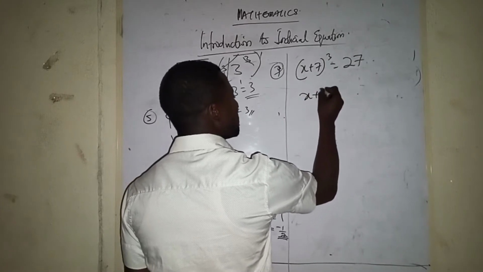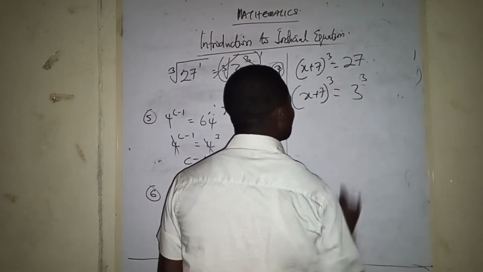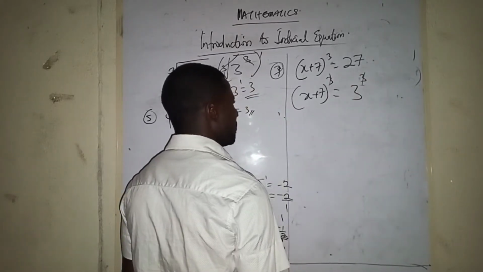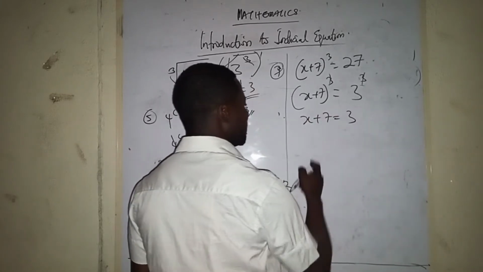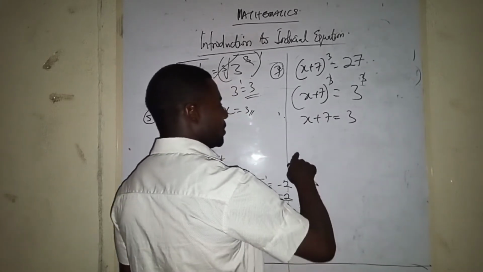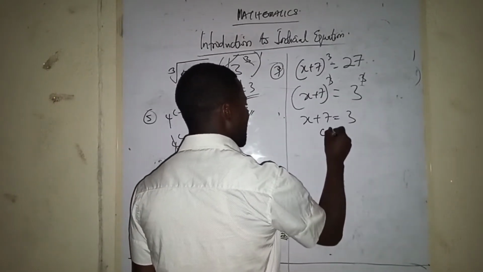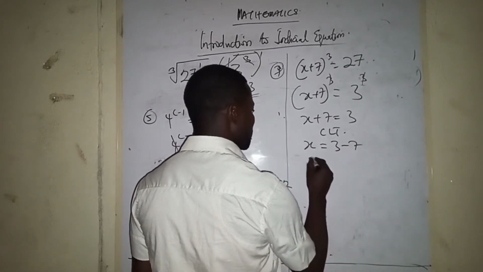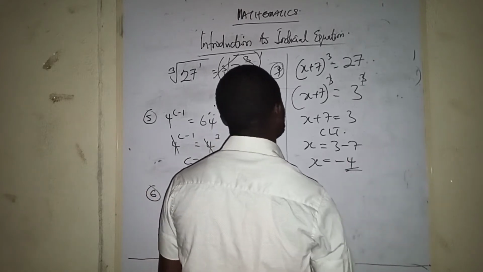You have x plus 7, 27 will give you 3 raised to power what? 3. So that the power will equate each other and they will cancel. So you have x plus 7 is equals to 3. This is a linear equation. So we remove the 7, take it to the other side. You collect like terms, so it becomes x is equals to 3 minus 7. So x is equals to minus 4.